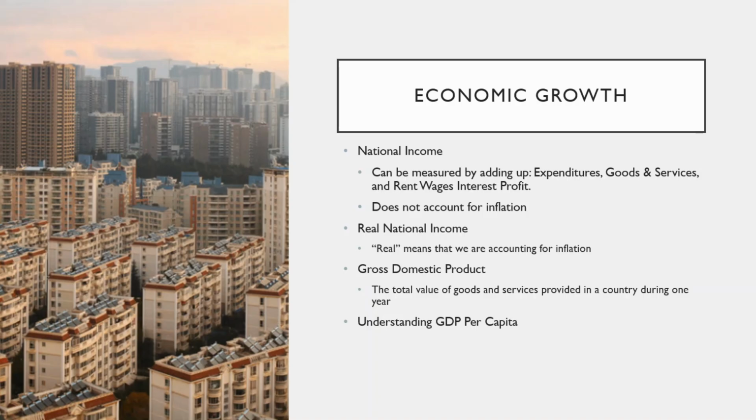Economic growth can be measured by adding up expenditures, goods and services, rents, wages, interest, and profits. There are a lot of ways to look at economic growth, and national income was the first one. You can also look at real national income, which takes out inflation. When we talk about economic growth, one of the things we use a lot is GDP.